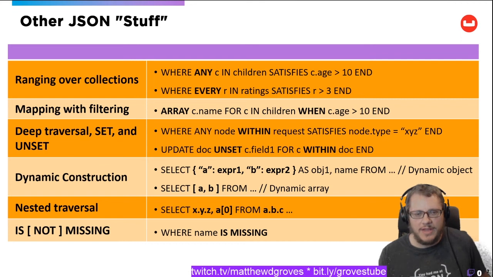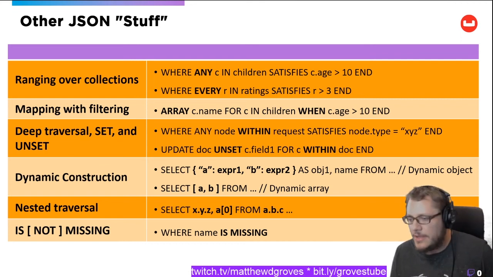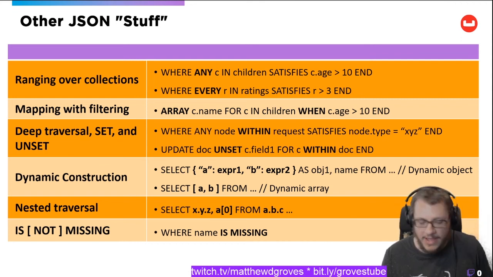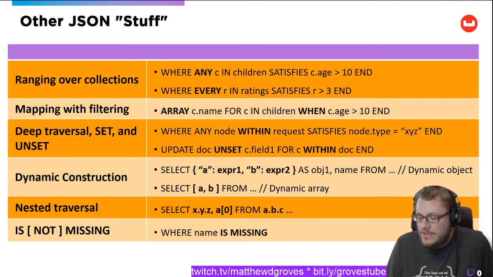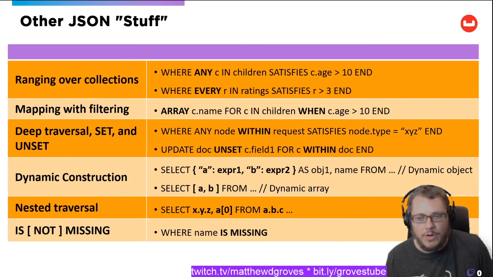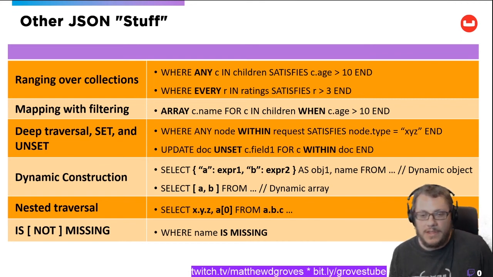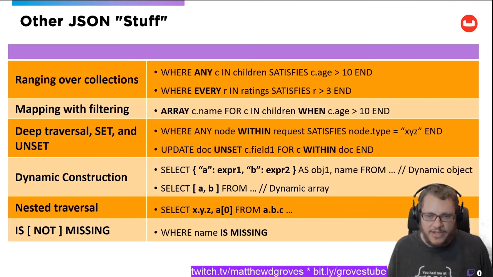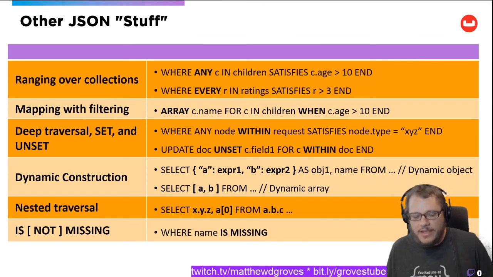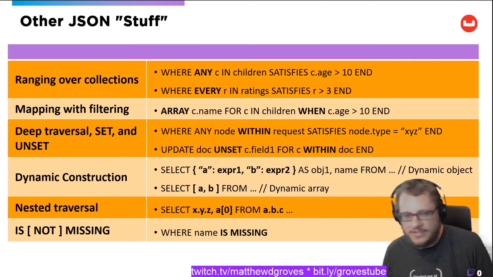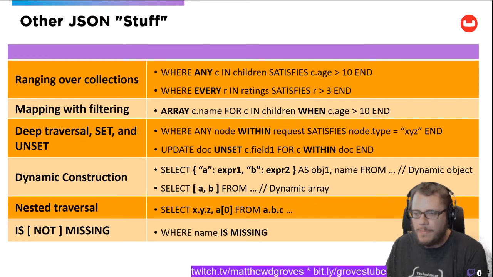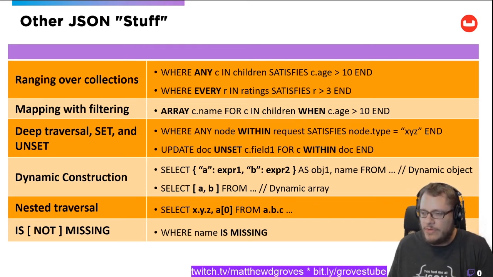If document A has first name, last name, and document B has first name, middle name, last name, we can find examples of both of them. We could say where middle name is missing or where middle name is not missing. And then we can make some decisions about it. Do we fill it in with data? Do we process it differently in our application, that sort of thing? So that's one way you might want to deal with that.